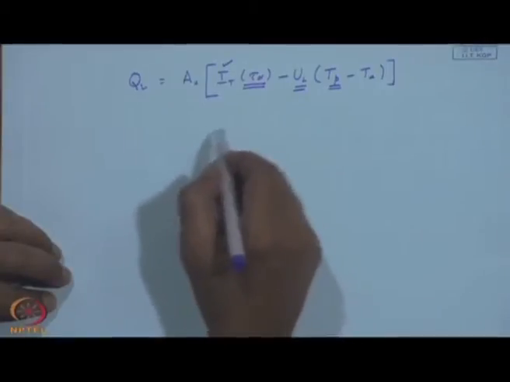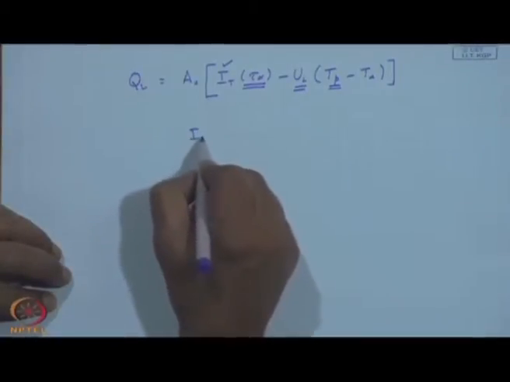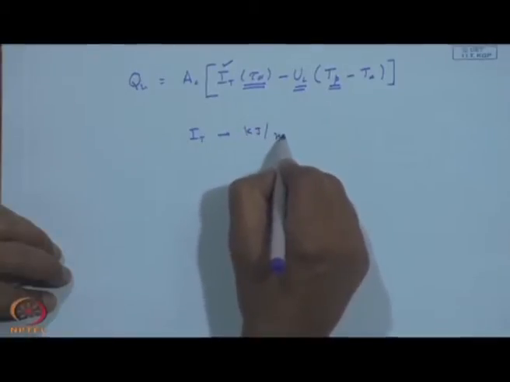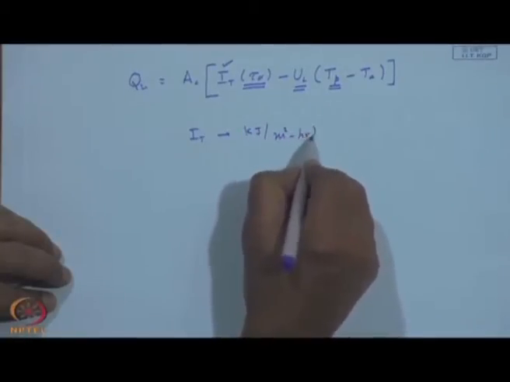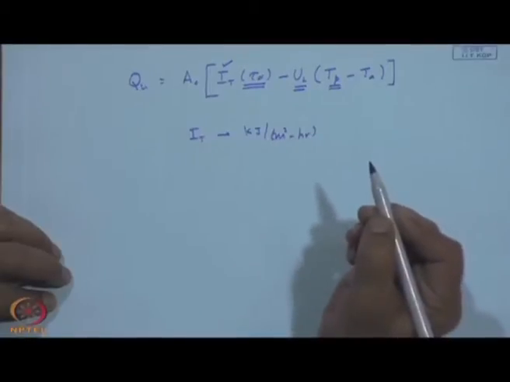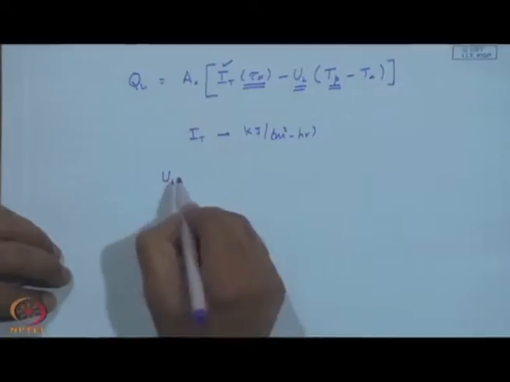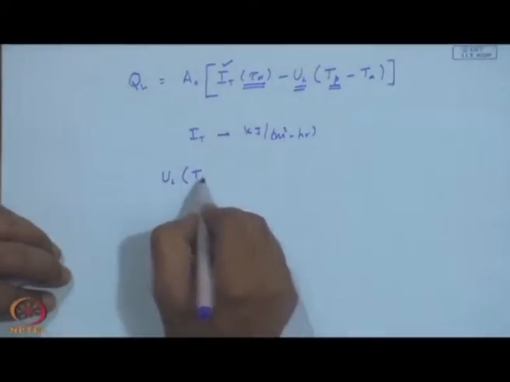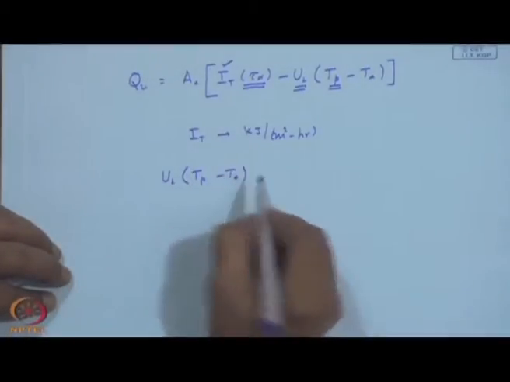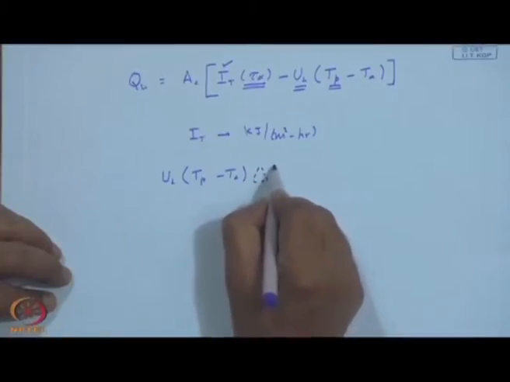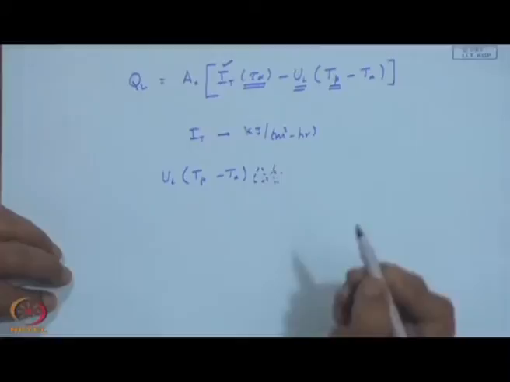Also, I pointed out this I t is typically in kilojoules per meter squared hour, which is typically a short period of time that we consider. So, this U L times T p minus T a has a hidden multiplication factor of a time scale involved in this.